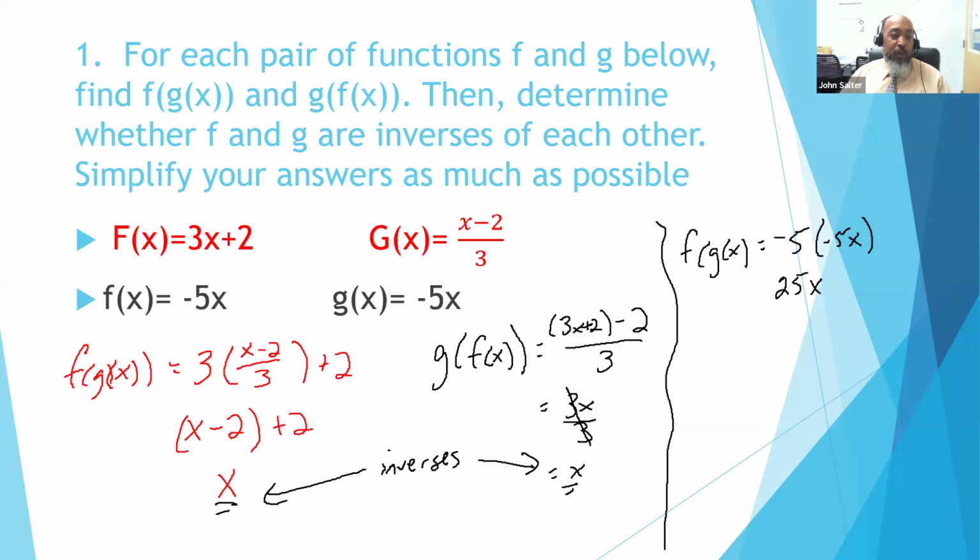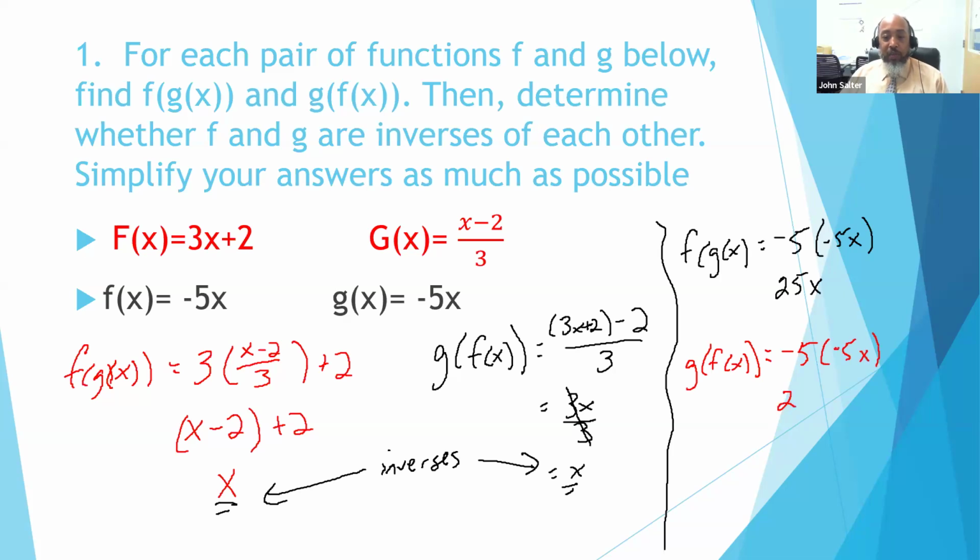This time I'm going to do g of f of x. My outside function is the g function, which is negative 5 times some value. My inner function is going to be f of x, which is negative 5 times x.